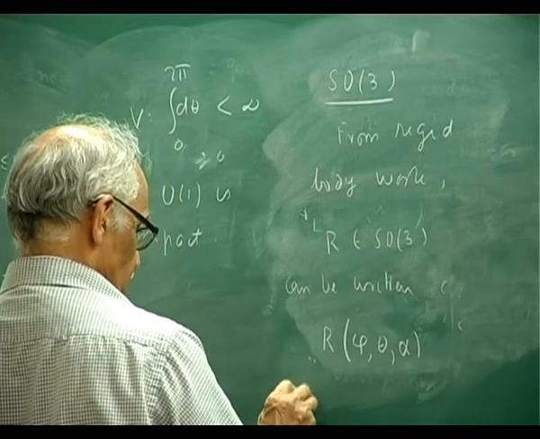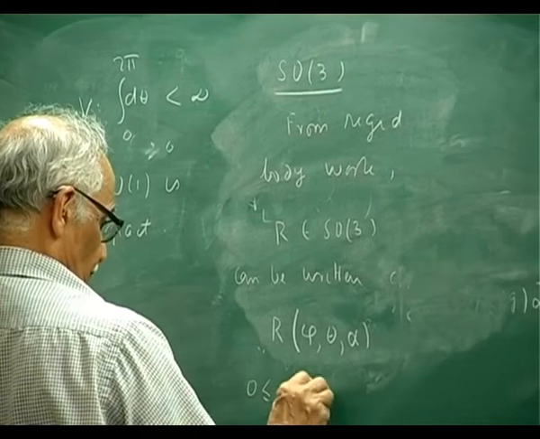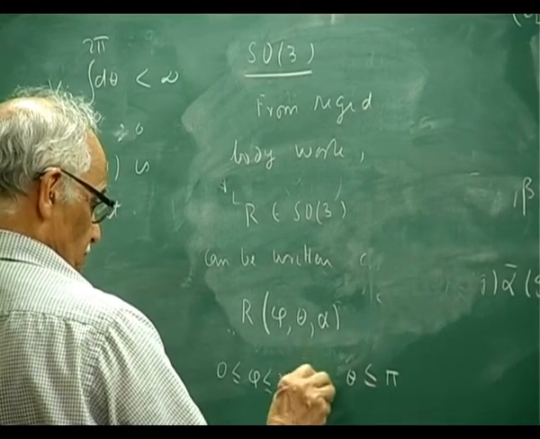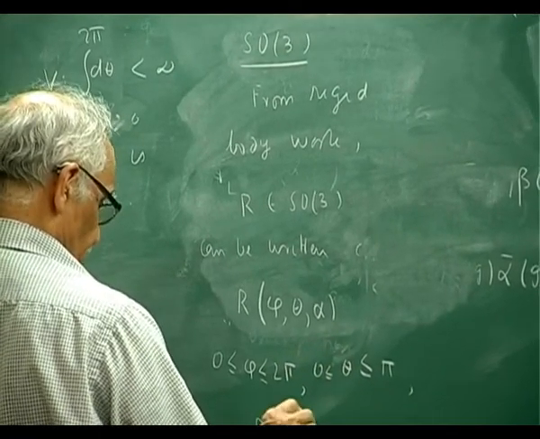Phi is 0 to 2 pi, theta is pi to 0, and alpha is 2 pi to 0.